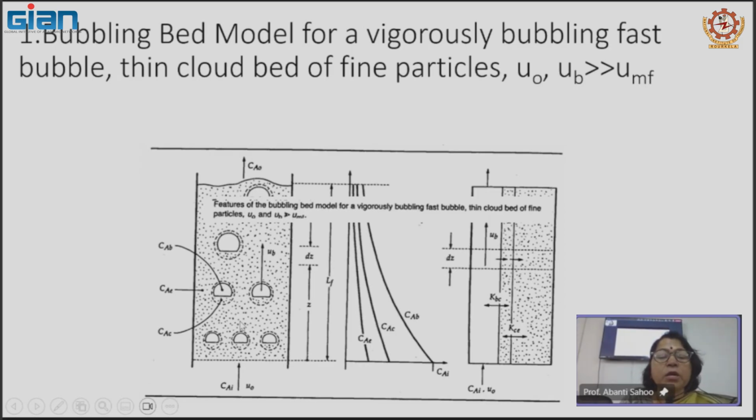So the gaseous reactant forms a cloud, a thin layer surrounding the bubble.